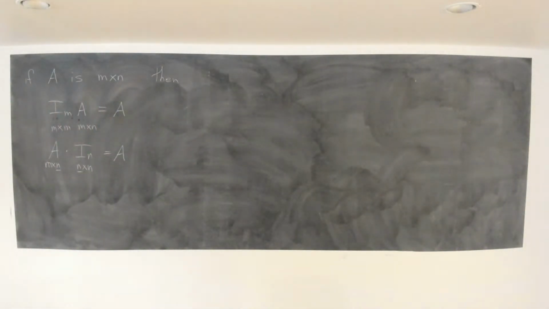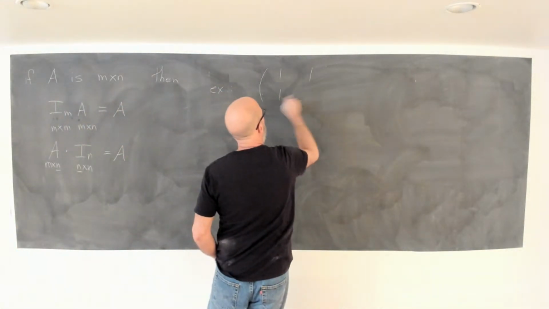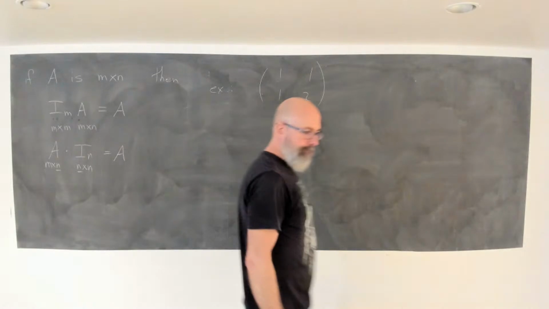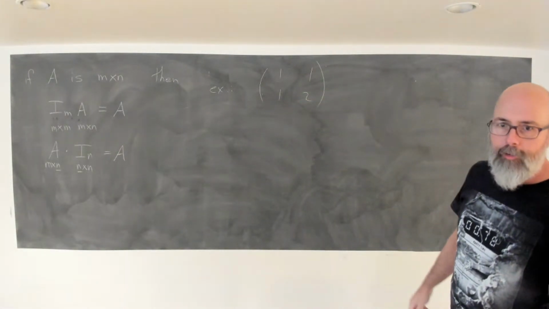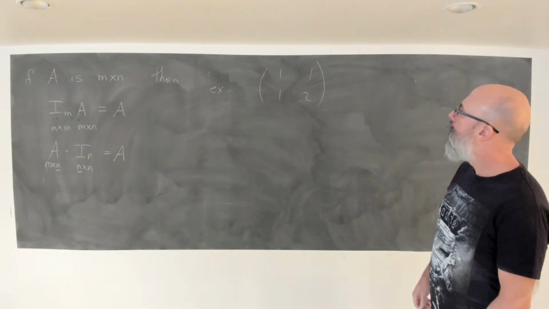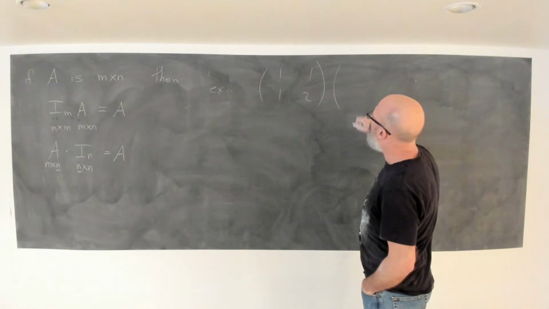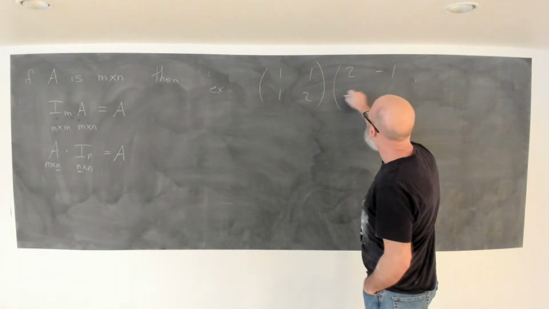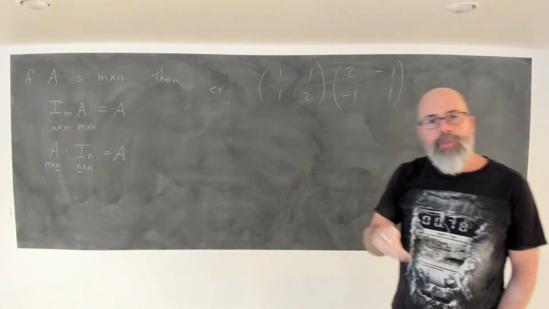Now, consider the following example. Observe that the matrix 1, 1, 1, 2, if you multiply that by the matrix 2, minus 1, minus 1, 1, let's do the product together, see what happens.